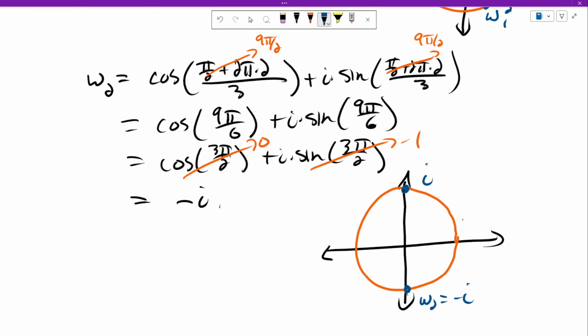So 270 degrees around puts us there, at negative 1 on the real axis. That's w_2 squared. Then another 270 degrees around puts us up here at i, w_2 cubed. So that is another cube root of i. And if you actually do the algebra and cube each one of these, you'll see that you get i for each one of those.